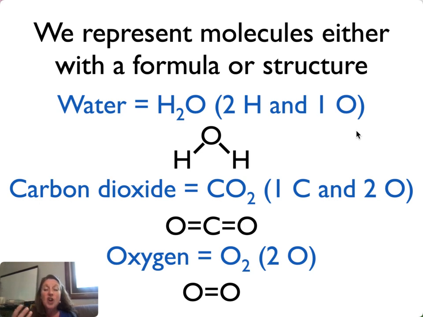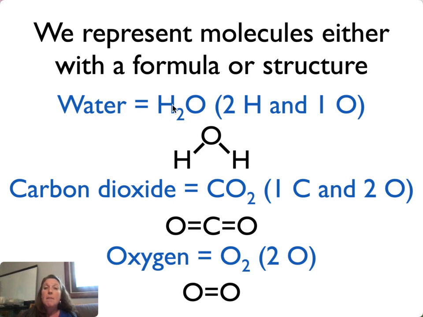Now, let's talk about how we draw these molecular bonds. When we have a covalent bond, we represent it as lines in a structural model of the molecule. So, water, for instance, you probably are familiar with how we write it like this, H2O.